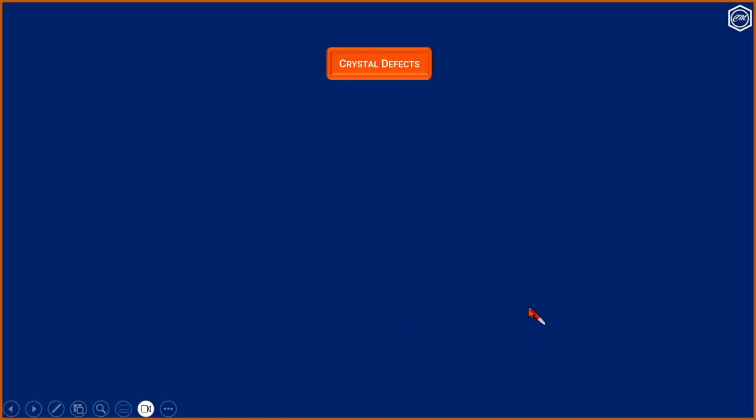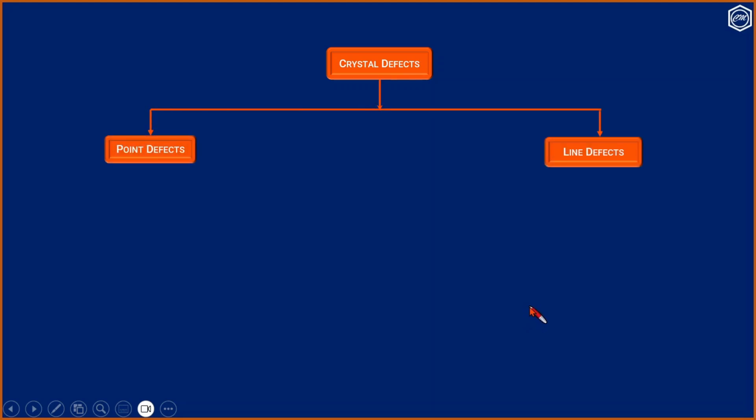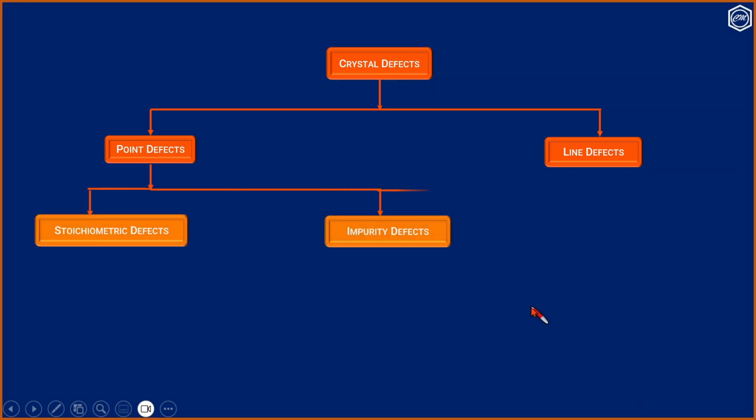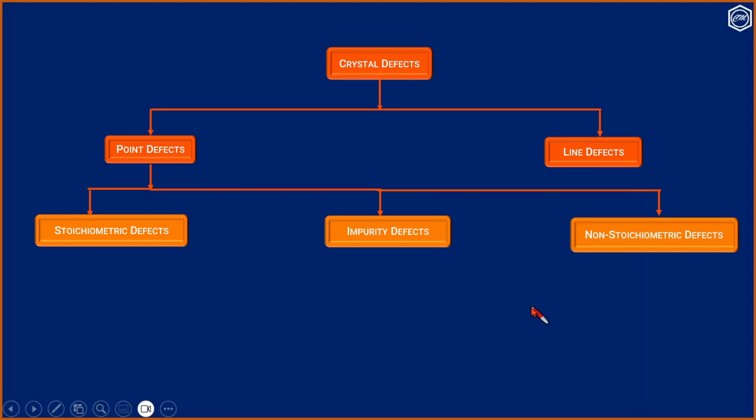Crystal defects can be classified in the following way. One is point defect and the other is line defect. Point defects are further classified into stoichiometric defects, impurity defects, and non-stoichiometric defects.